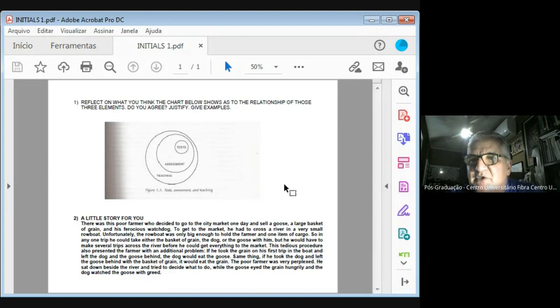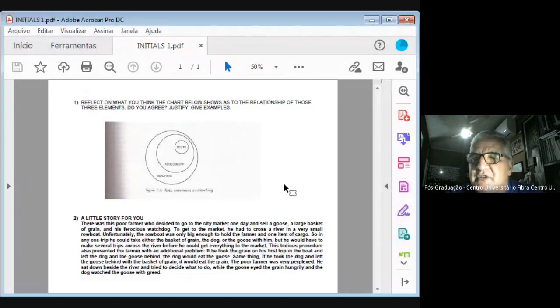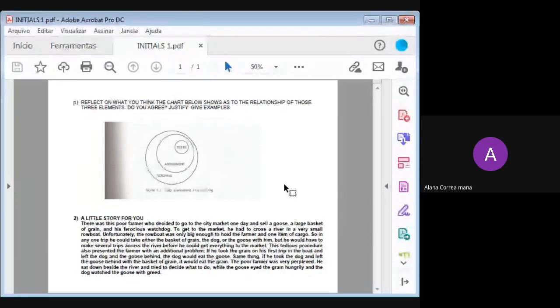I gave you a story, the story of Snow White, a little bit adapted, a little bit different. I'm asking you to read the story and write about your opinion considering assessment and evaluation. Try to give me an example of your own actions.